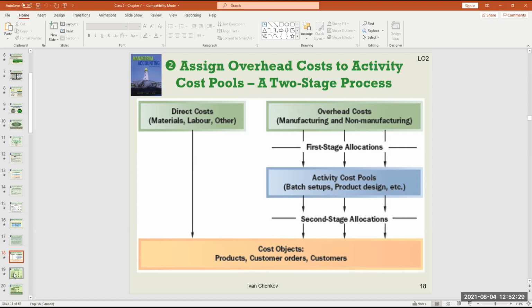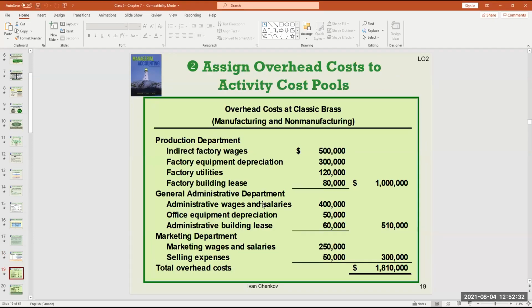On the allocation stage, now watch this. On the production department, we come up with this different report. So we split the production department into indirect factory wages, factory equipment depreciation, factory utilities, and factory building leases.